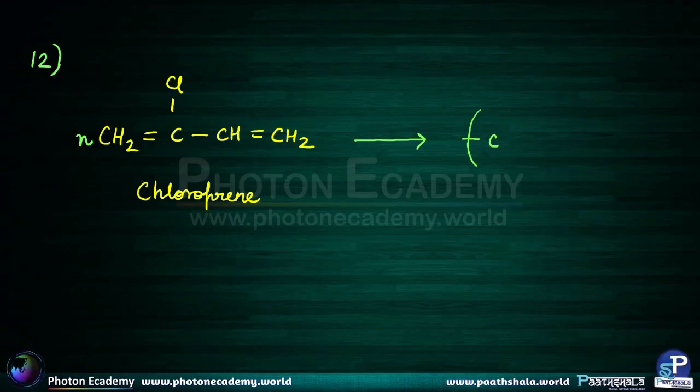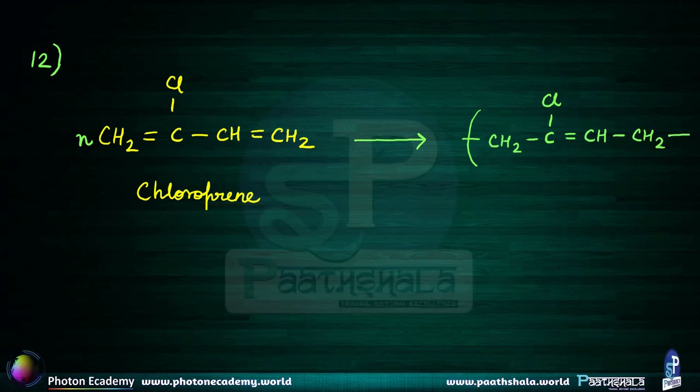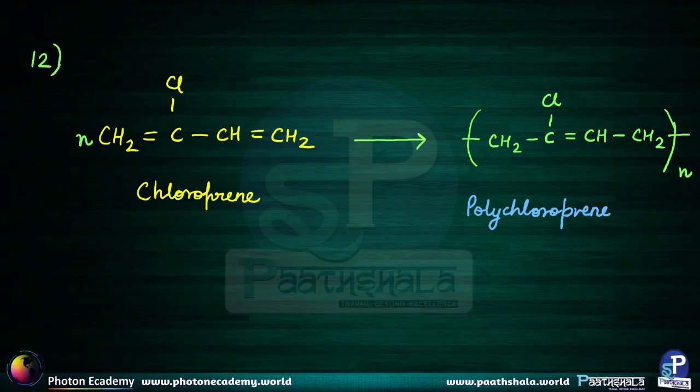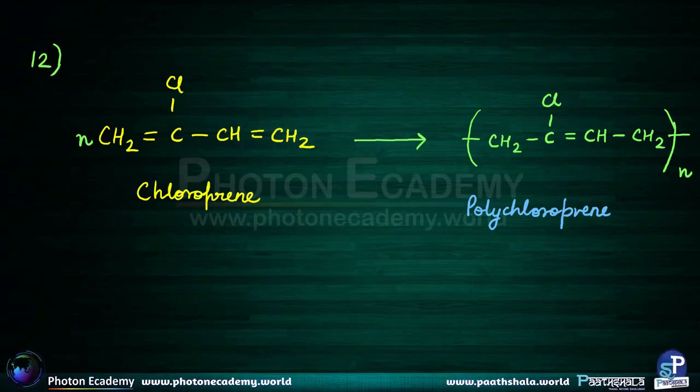So we have got CH2, CCl, then we have got a double bond CH, CH2. So this is known as polychloroprene. And as you know, 1,4 type of addition was taking place over here, and polychloroprene is also known as Neoprene.